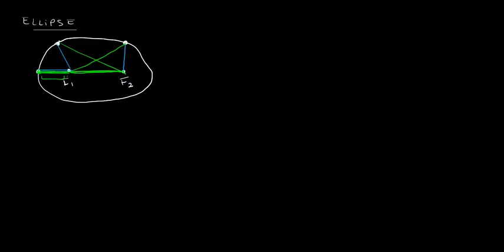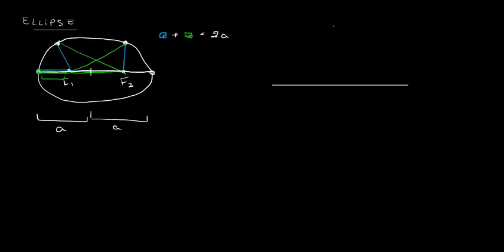And that's why in the video where we developed the formula for the ellipse, we said that the distance blue plus green was constant and equal to 2a. And a is the distance from the origin of the ellipse to this side. The sum has to be the length of this segment, and this segment is 2 times a.